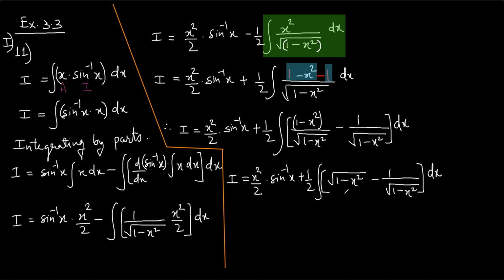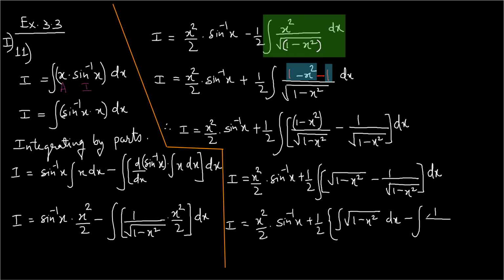Now in the next step, I will write a separate integral for these two. So I get I equals x square by 2 multiplied with sine inverse x plus 1 by 2 and integral square root of 1 minus x square dx minus integral 1 upon square root of 1 minus x square dx.